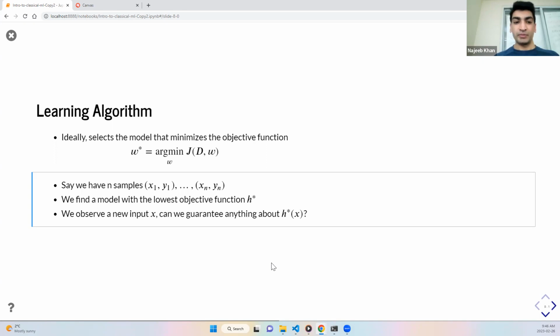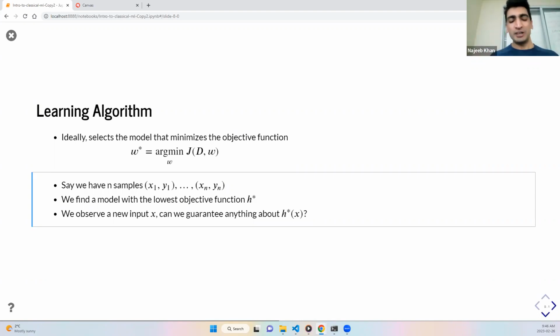Let's say we trained a model on predicting how much sales there would be for outdoor activities or maybe even indoor activities, and then COVID happens, and we have a new example. Can we guarantee anything about whether the model will do the predictions correctly or not? If you can't guarantee that, then machine learning is of no use, right?